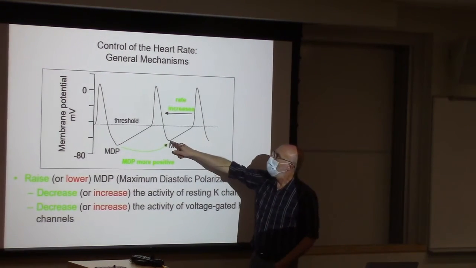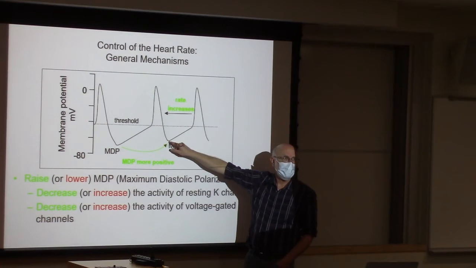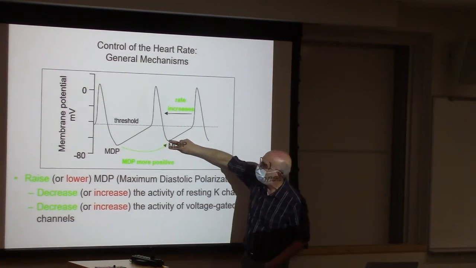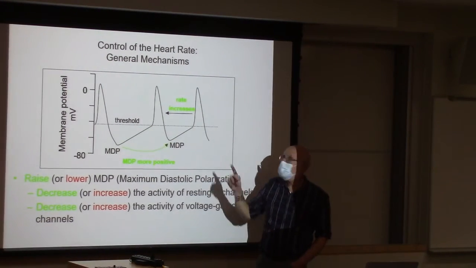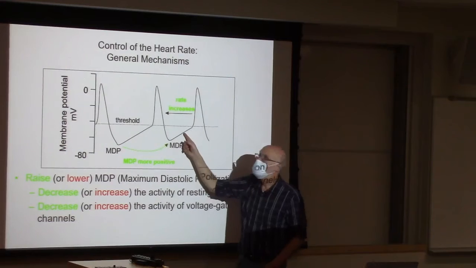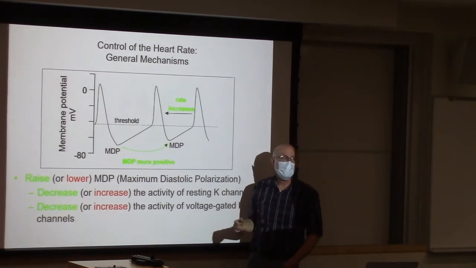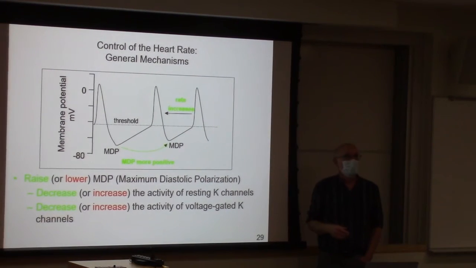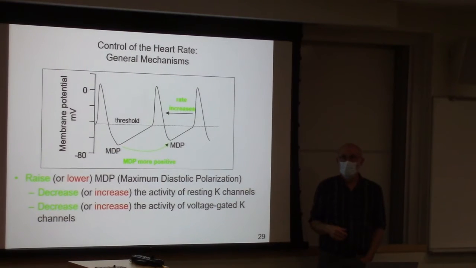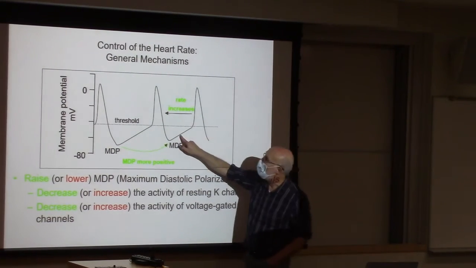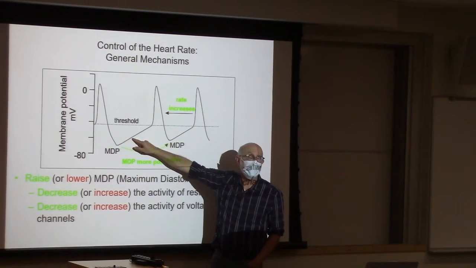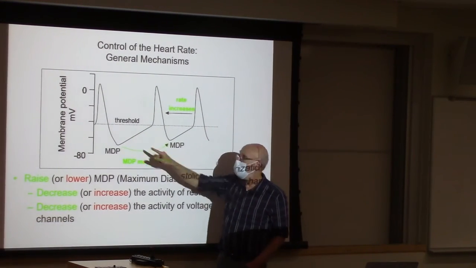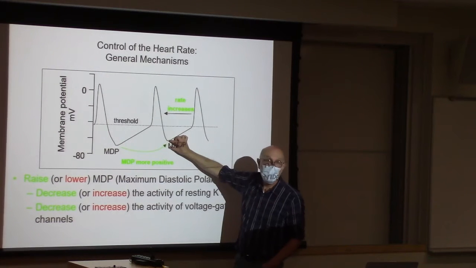Well, if we make the maximum polarization less negative, it's closer to threshold. And the same rate would bring it to threshold faster. So we're not changing the slope. You may notice that this slope and this slope are the same slope, but we're at a less negative starting point.